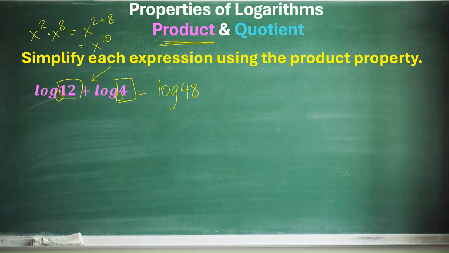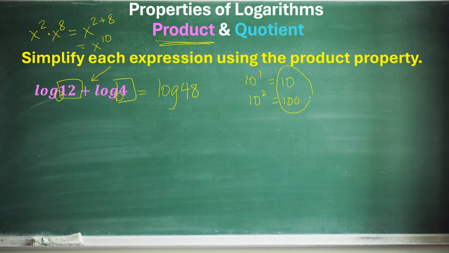So just as a quick reference to remind us what logs actually mean. Log base 10 of 48 is saying 10 to what power makes 48. That's what a log is saying. So if I think through this, I know that 10 to the power of 1 is 10. I know that 10 to the power of 2 is 100.